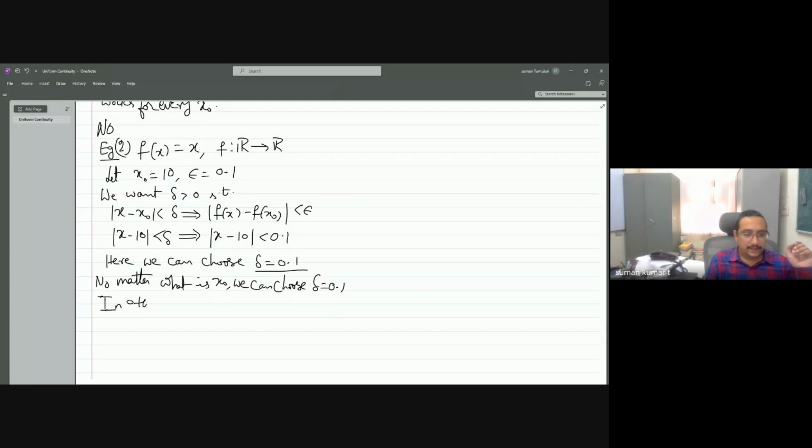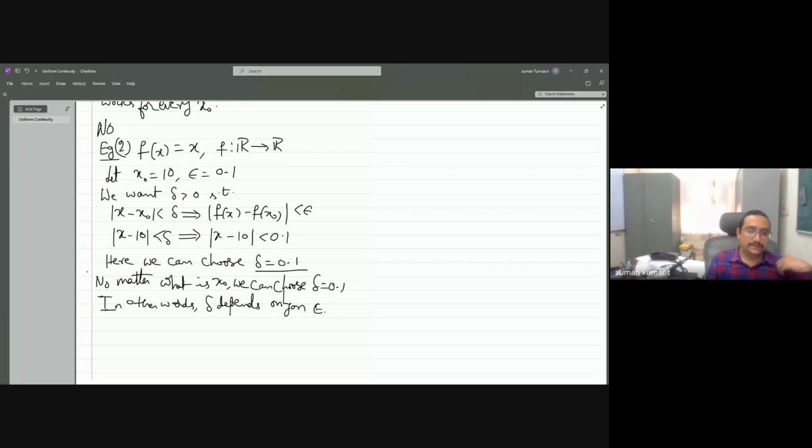In other words, delta depends only on epsilon. Delta depends only on epsilon, and it is independent of x naught. So we have seen two examples where in one example delta depends on x naught, in another example delta does not depend on x naught.